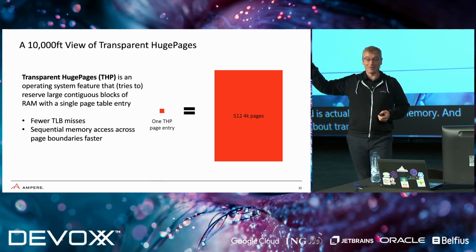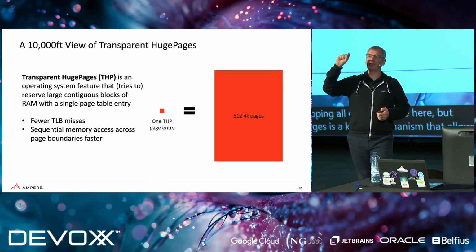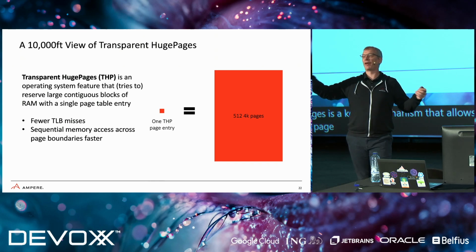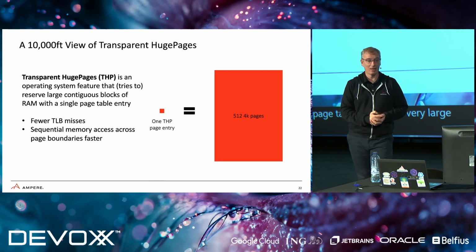And I realize this is hopping all over the place here, but transparent huge pages is a kernel mechanism that allows you to have a single page table entry for a very large block of memory. In principle, a contiguous block of memory.